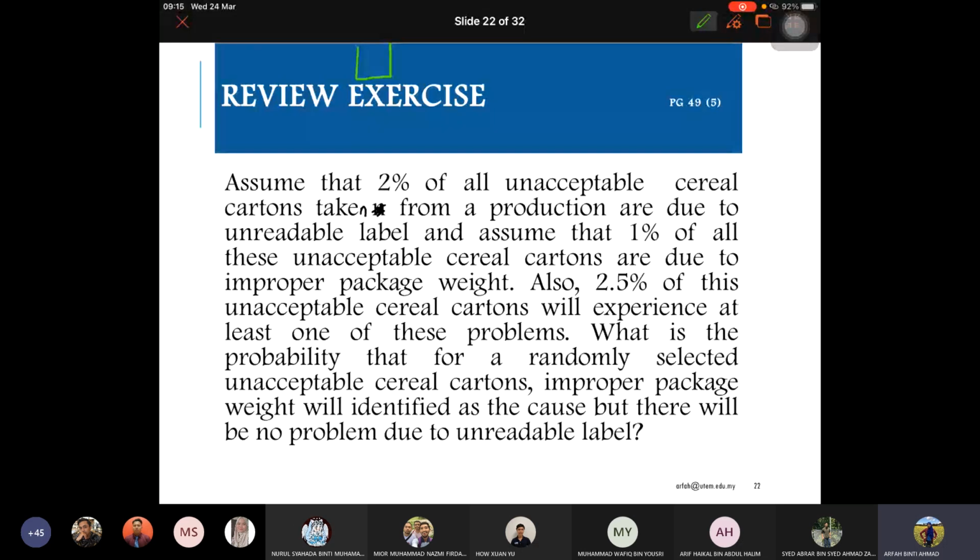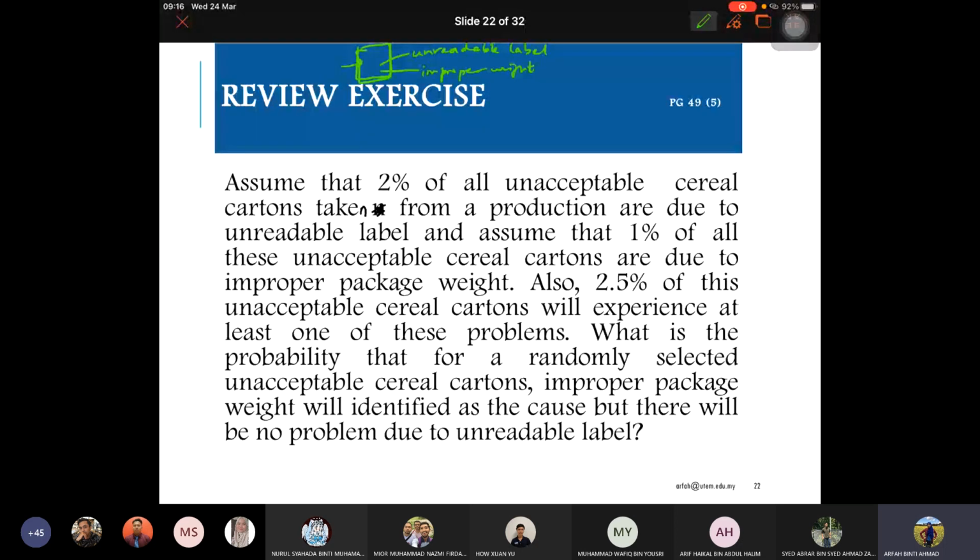Satu carton cereal tu, ada case yang dia produce tapi tak diterima sebabnya ada dua masalah, iaitu unreadable label, maksudnya label dekat dalam kotak cereal tu kita tak boleh baca, atau improper weight. Berat, katakan kalau kita belikan selalu 1 kilo, tapi berat dia tidak mencapai tahap yang dia nak.